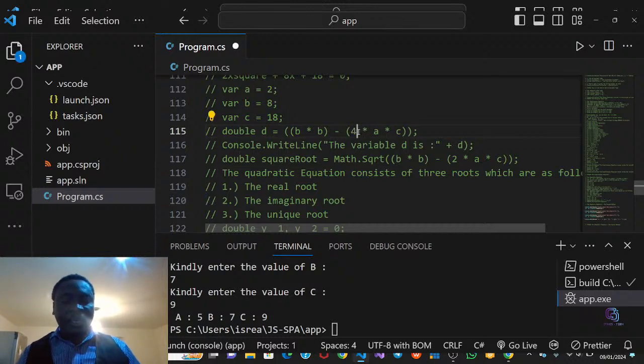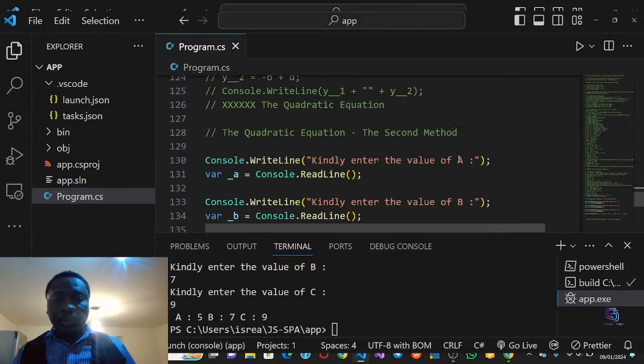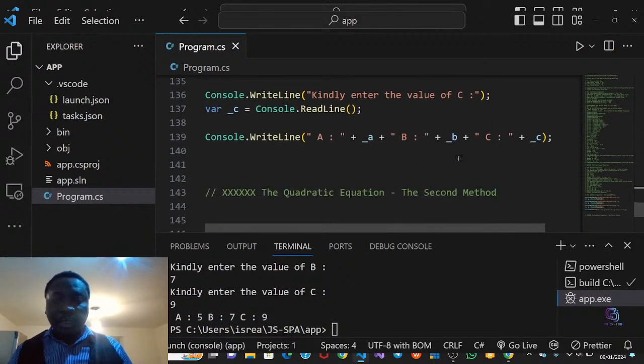I made a mistake, and nobody corrected me. B square minus 4AC over 2A.